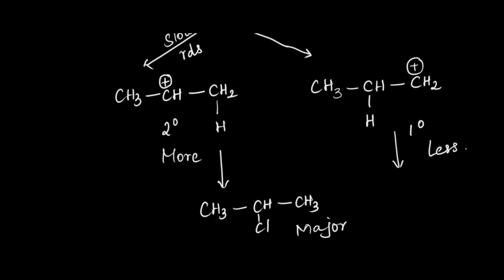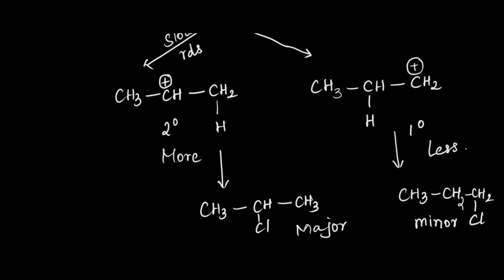If the reaction goes via the less stable intermediate formation, then the product is CH3, CH2, CH2, Cl, which is 1-chloropropane. That is a minor product. So hope you got an idea what an intermediate is, and how the intermediate affects the product formation.